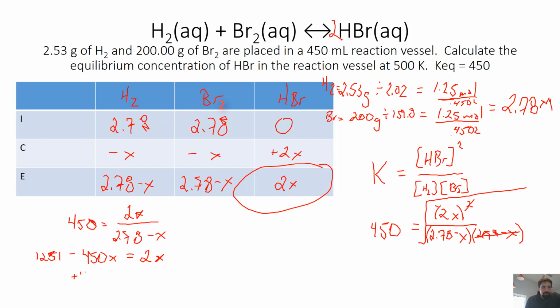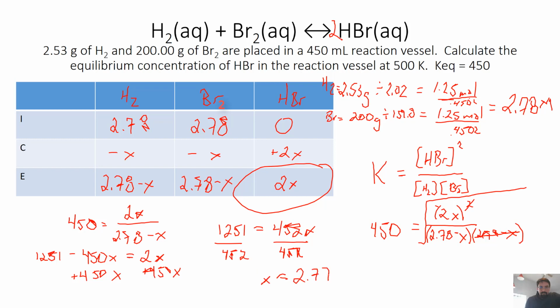Then I'm going to add the 450X to both sides, so that I wind up with 1,251 is equal to 452X. We're going to divide both sides by 452. So X is equal to 2.77 after we calculate that.